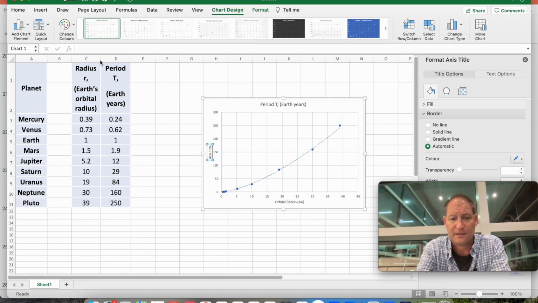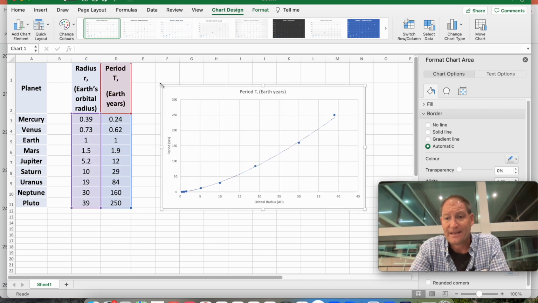This is going to be period in years, Earth years. Okay, but the point is, this graph is a curve, which isn't terribly helpful.